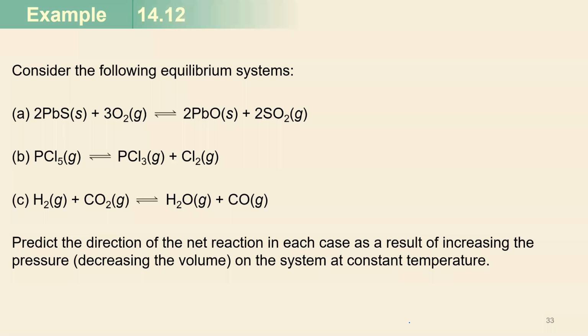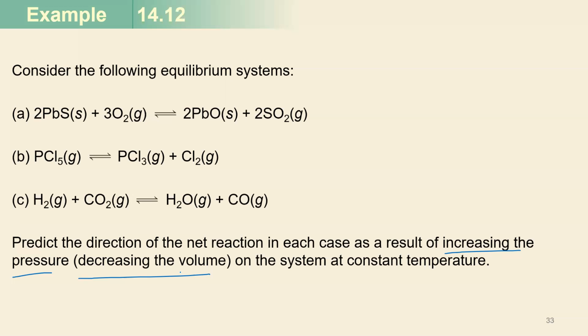So here we have some equilibrium systems. We're going to increase the pressure / decrease the volume on the system, not changing temperature. So increasing the pressure, for A, which way is it going to shift? Right.